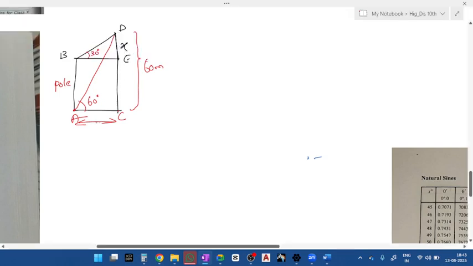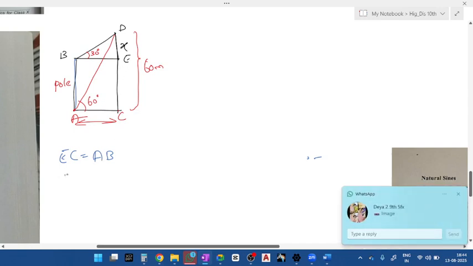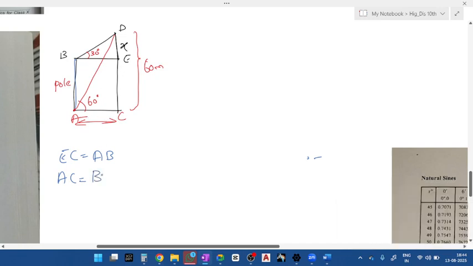See, if you want to find AC, look at the rectangle ACEB. Which two sides are equal? EC will be equal to, not BE, AB, right? You told AB. Okay. EC is equal to AB. Next, AC is equal to BE.